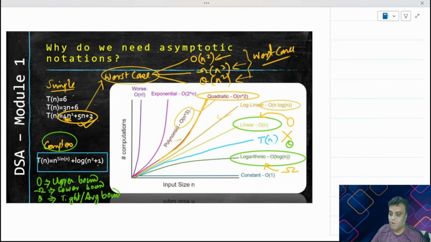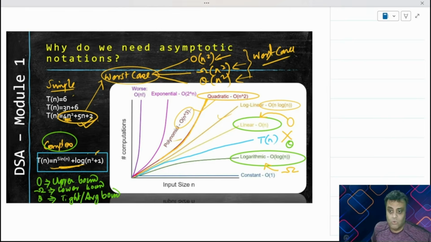For example, this complexity class did not match with anything. So whatever it represented had an upper bound of O of n, had a lower bound of O of log n, which is fine. The upper bound would have been represented as O, the lower bound would have been represented as omega, and theta would have been the tight bound of this algorithm.